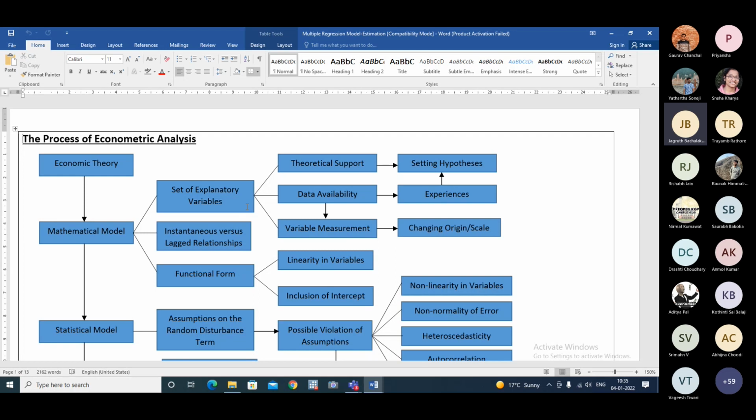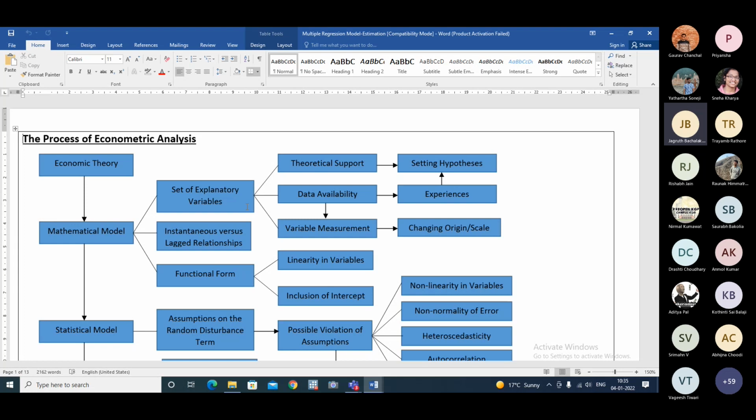For example, while consumption can influence income, income can also influence consumption. So there may be a bidirectional causality between consumption and income. So one may also write, while estimating a consumption function, that Ct is a function of yt minus 1.